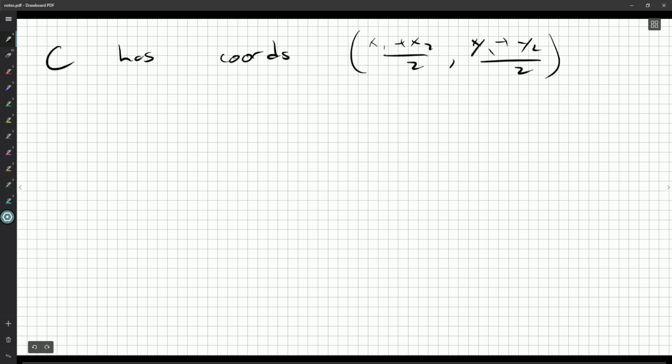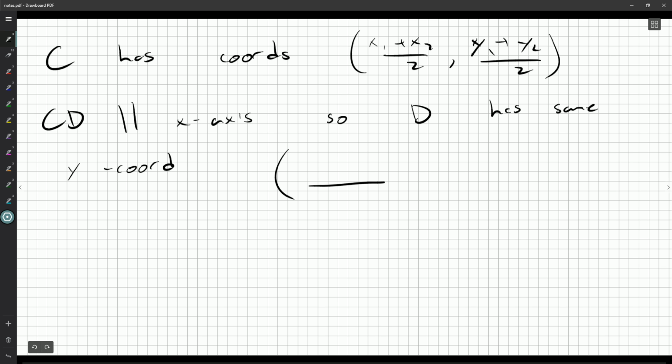And those, respectively, give you the x and y coordinates for your midpoint. Now, CD is parallel to the x-axis. So D has the same y coordinate. So D is something, and then y1 plus y2 over 2.